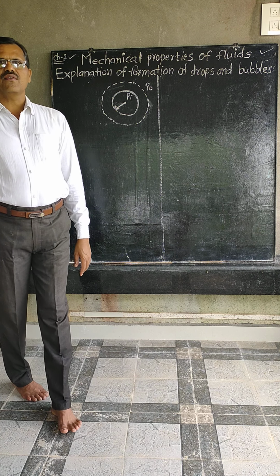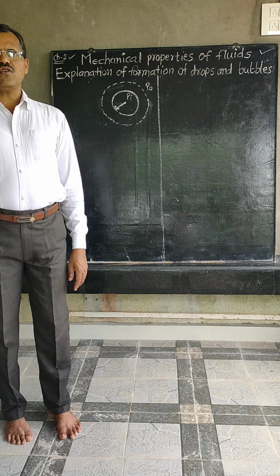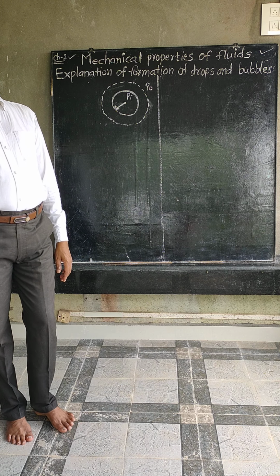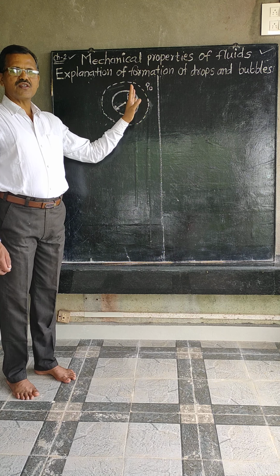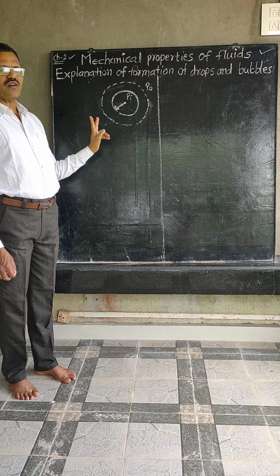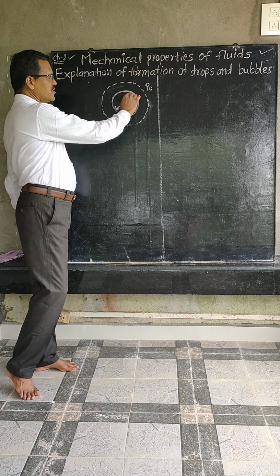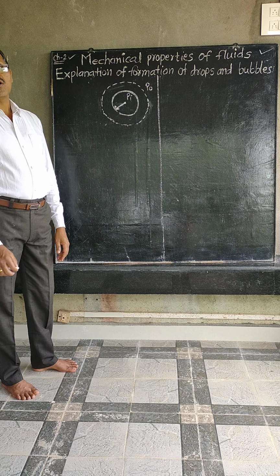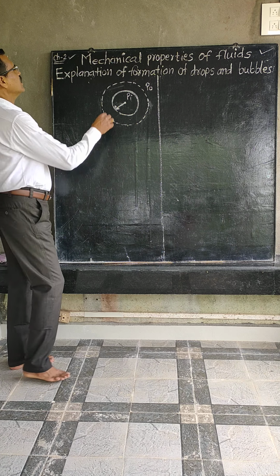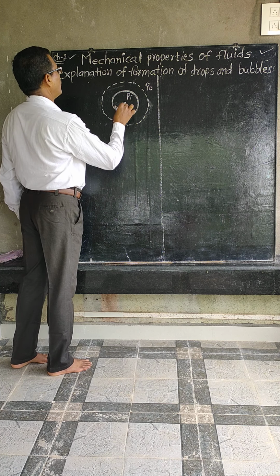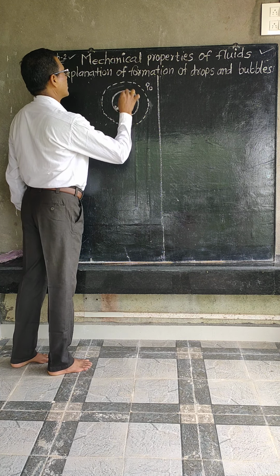A liquid drop and a bubble do not collapse because the resultant of external pressure and force due to surface tension is smaller than the pressure inside the liquid drop or the pressure inside the bubble. Here consider this liquid drop of radius r.